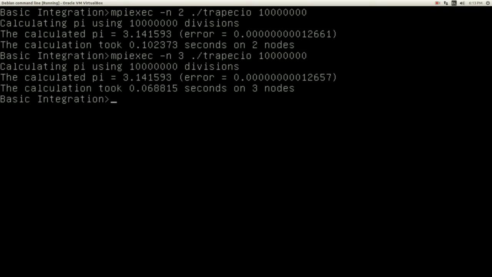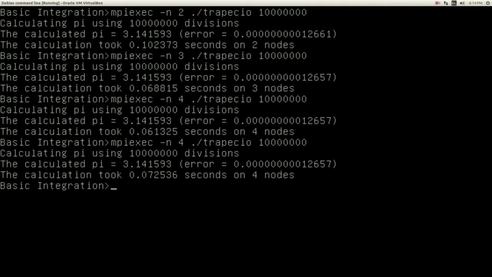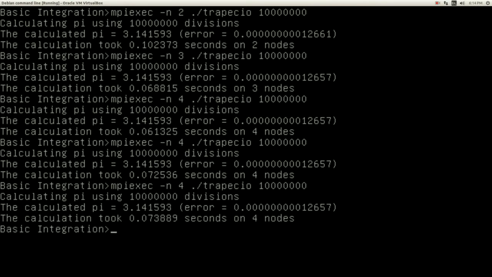And we're going to try it with 4 processors, and we see that it's also less. But there's not much difference. If we have 1 second for 2 processors, it's almost half for 4 processors. That's 0.7, no? Almost there.